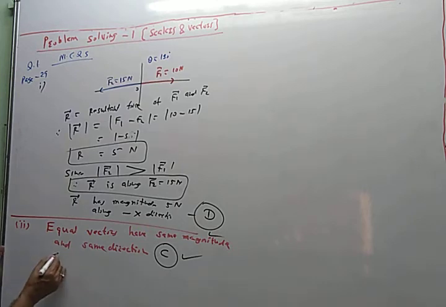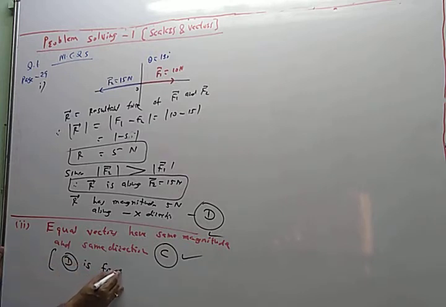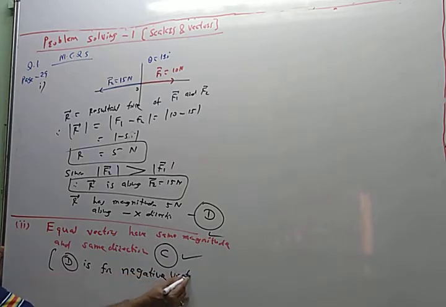D choice is for negative vector, so I will write down in brackets: D is for negative vectors.